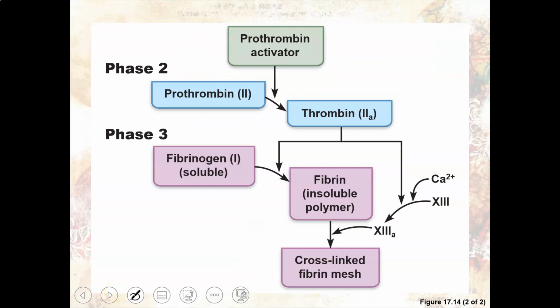That prothrombin activator then catalyzes prothrombin to become thrombin, which then turns fibrinogen into fibrin. 3 phases, man. To get to this fiber, this insoluble polymer. And there's this factor 13 that's involved to cross-link that fiber.